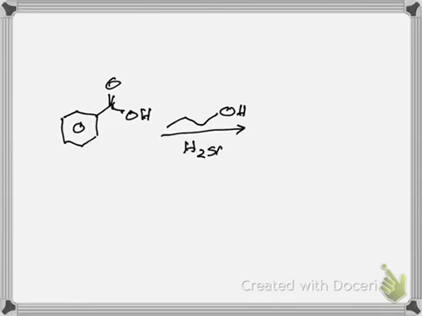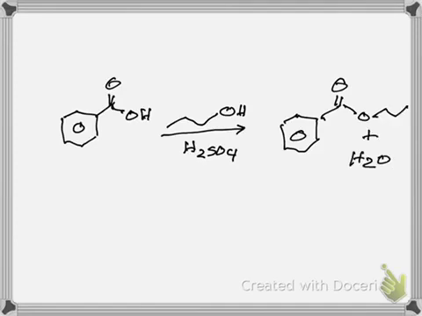In essence, this is busy work, and I normally don't enjoy busy work, but this is a complicated enough mechanism that I think it's worth you looking at. I want you to do the mechanism for this. All right? Do that mechanism, and again, we know what the product is going to be, but I want you to get practice doing it.